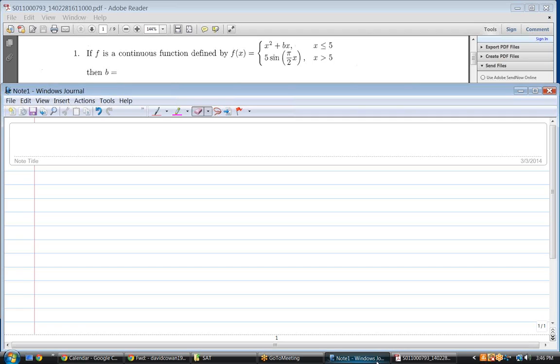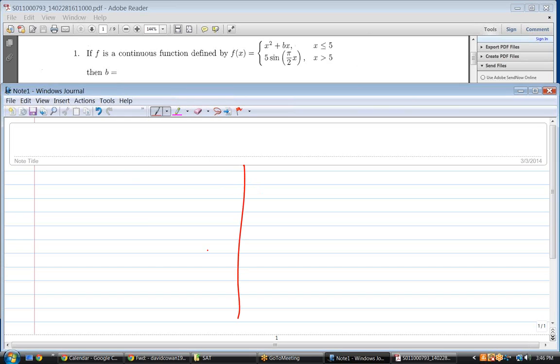Okay. So if this function is continuous, what has to be true about x squared plus bx and 5 sine of pi over 2x? They have to intersect. They have to be the same at x equals 5.